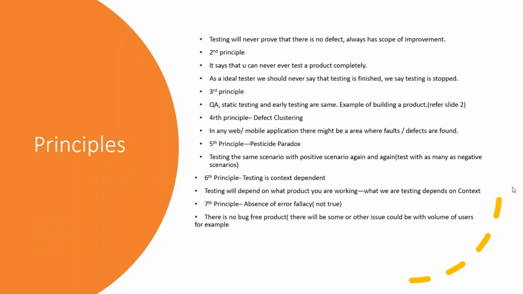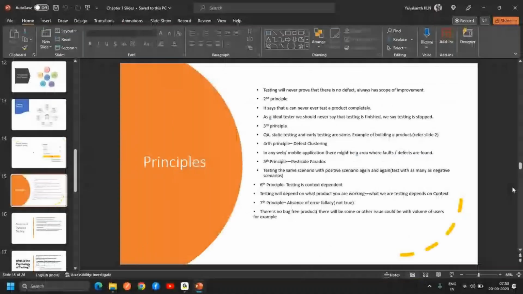So what I do is divide the total navigation into 80 to 20%, where 80% of the functionalities are working fine, whereas in the 20% I see a large number of defects. Okay, wait, let me show with an example.